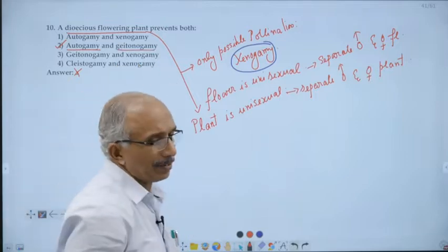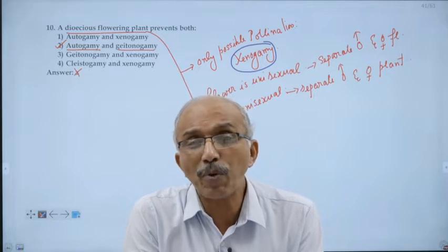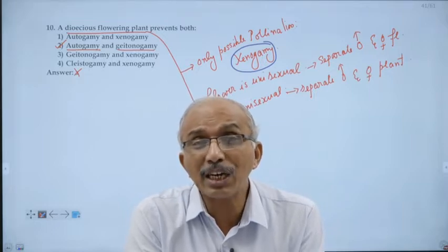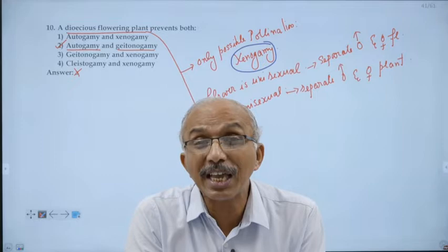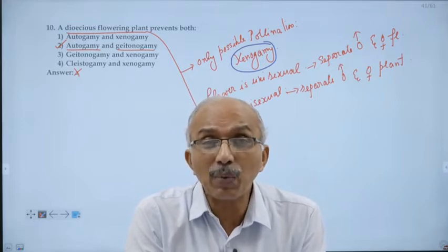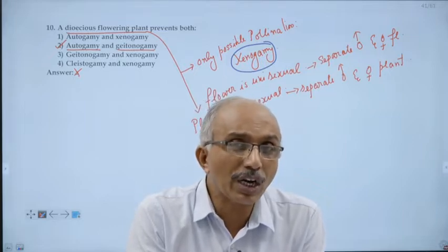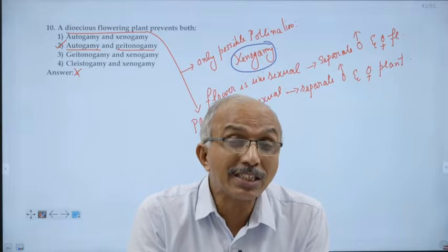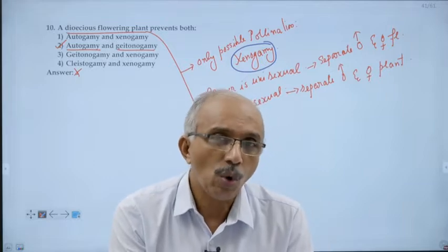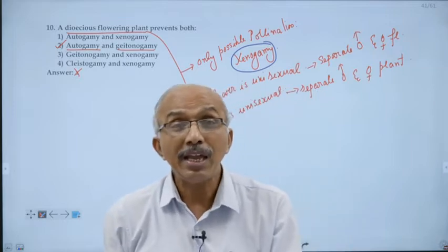Geitonogamy is prevented. What is autogamy? Transfer of pollen grains from anther to stigma of the same plant. Autogamy requires a bisexual flower; it occurs only in bisexual flowers. What is geitonogamy?